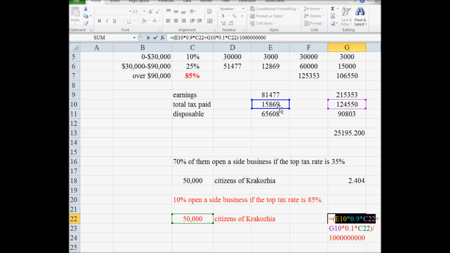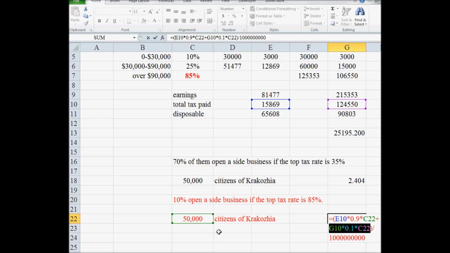So we take the amount of tax that a person would pay if they don't open a side business, multiply that by the 90% of the 50,000 citizens. This down here is the amount of tax that the entrepreneurs pay. G10 is the taxes that an entrepreneur would pay to government at the 85% top marginal tax rate.